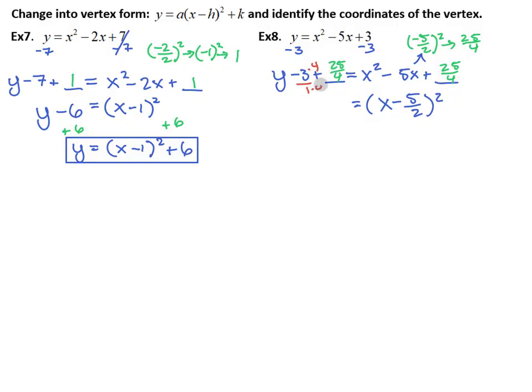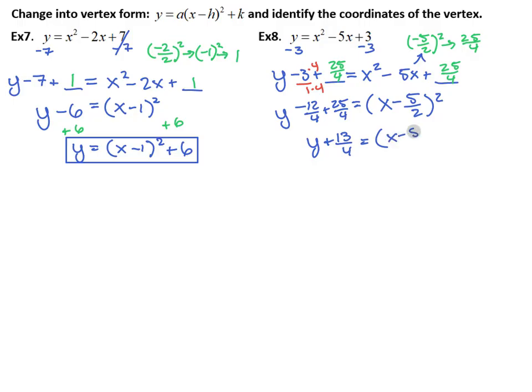So let's use 4. So we're going to go ahead and multiply that top and bottom by 4. So that gives me y minus 12 fourths plus 25 fourths. Combining those, we get y plus 13 fourths.